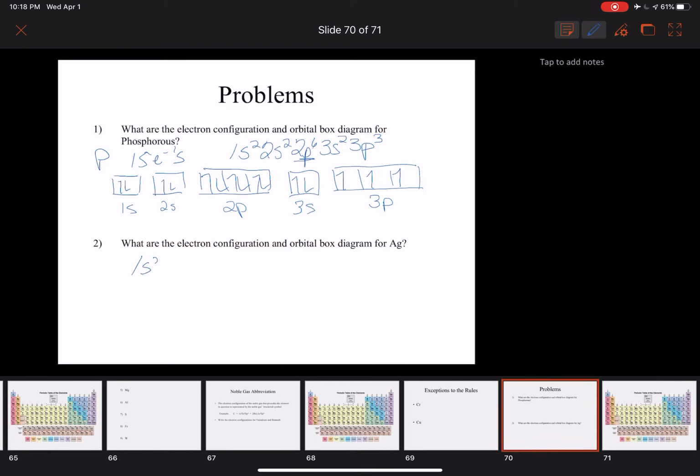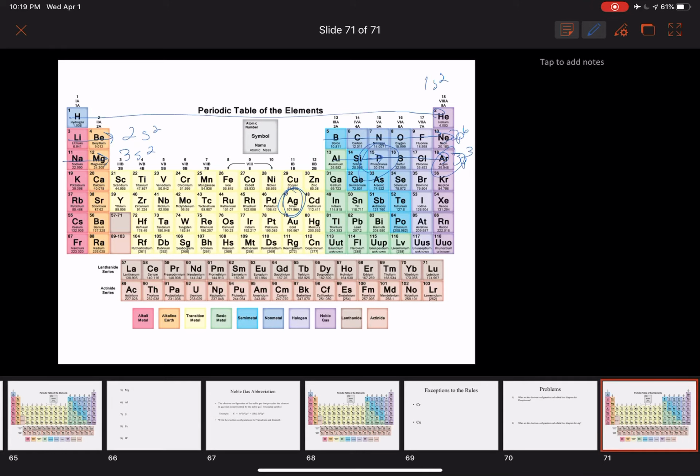So 1s2, 2s2, 2p6, 3s2, 3p6, and then we are right here. So we've got 4s2, and then we're going to go through all the 3d's. So we've got 3d10.